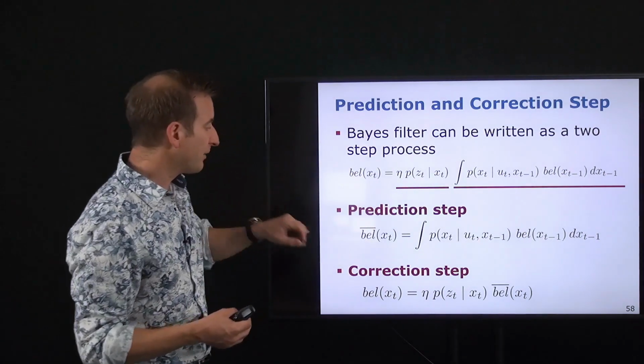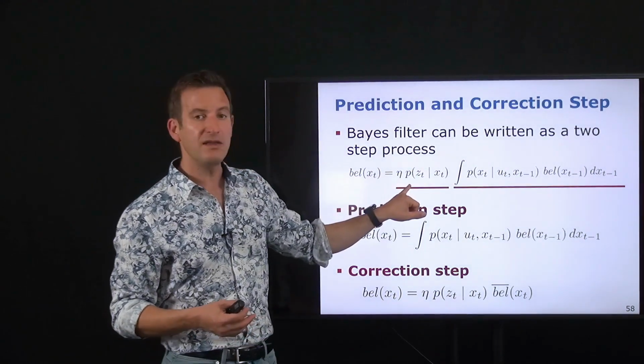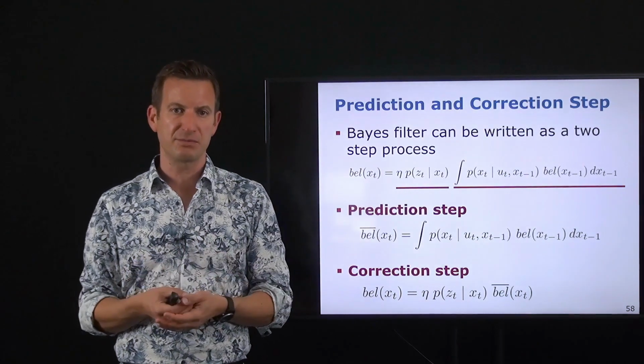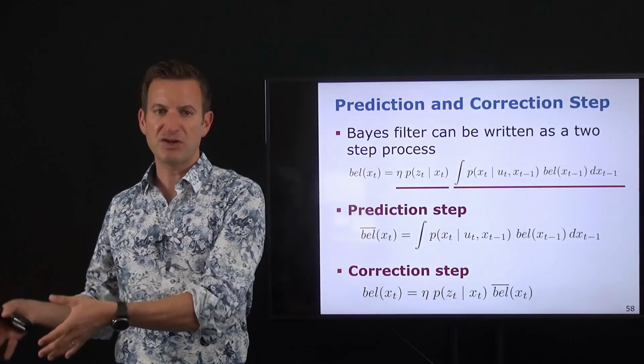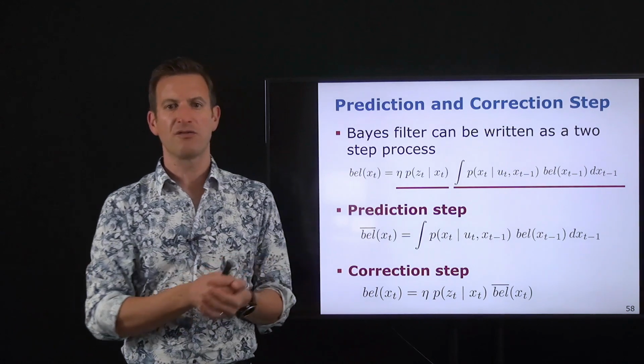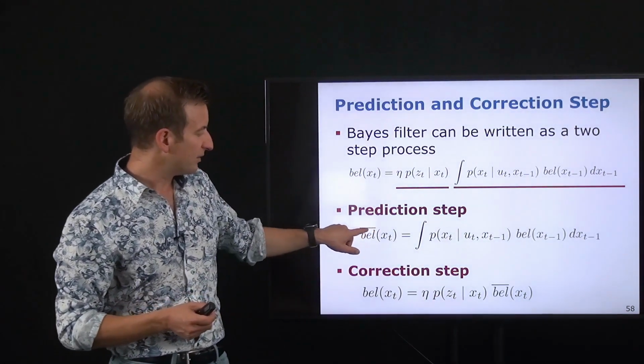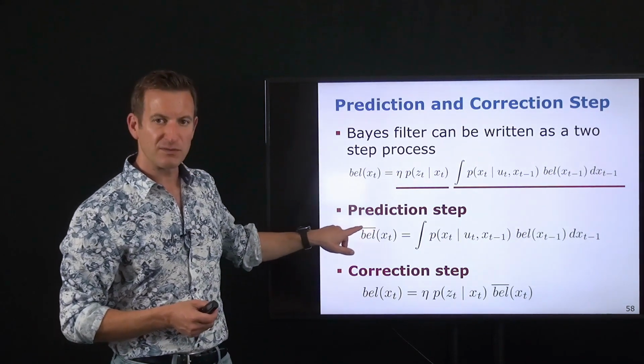So it's a prediction step. And then we will get an observation in the new state, and this observation is used to correct potential mistakes that we have made in the prediction. So we take our observation into account in order to perform a correction of my prediction. And therefore, this is called the correction step. If you have a bar over here, this is typically a notation for the predicted belief.